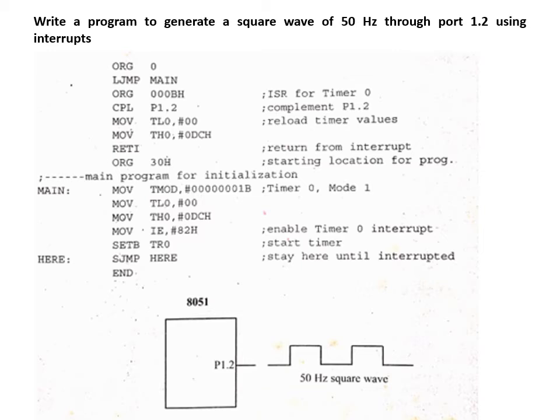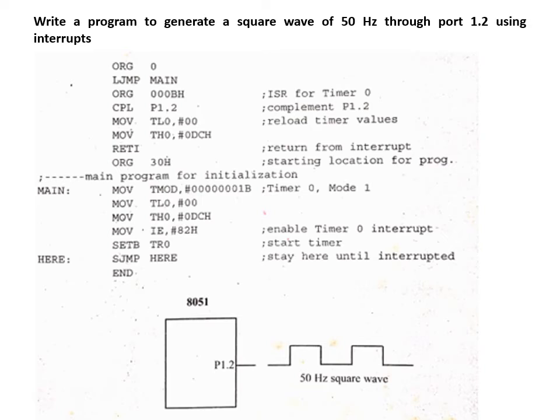Here the actual delay value is not given, so let us assume that the oscillator frequency is 11.0592 megahertz. Divided by 12, it gives you the timer frequency. Taking the inverse of that gives you the time period, that is 1.085 microseconds. That is the actual delay.